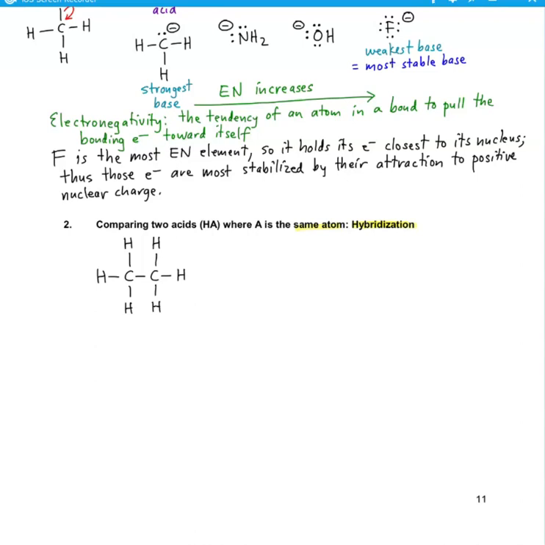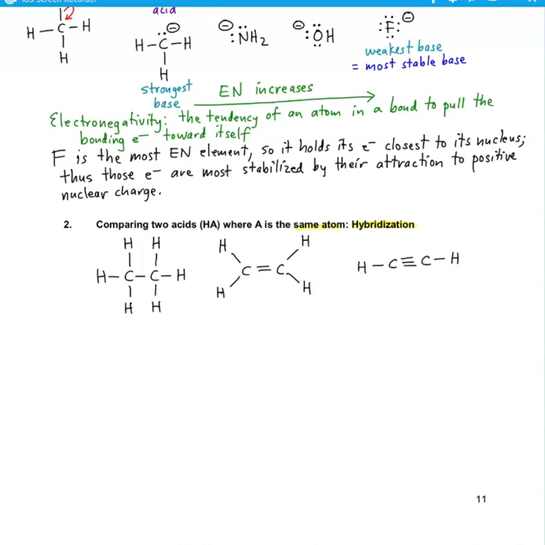What we're going to look at are three what you would call carbon acids, because the protons that are going to be donated in each case are attached to carbon. So we have three structures. Each of them has two carbon atoms. And so we want to figure out which of these is most acidic and which of these is least acidic.